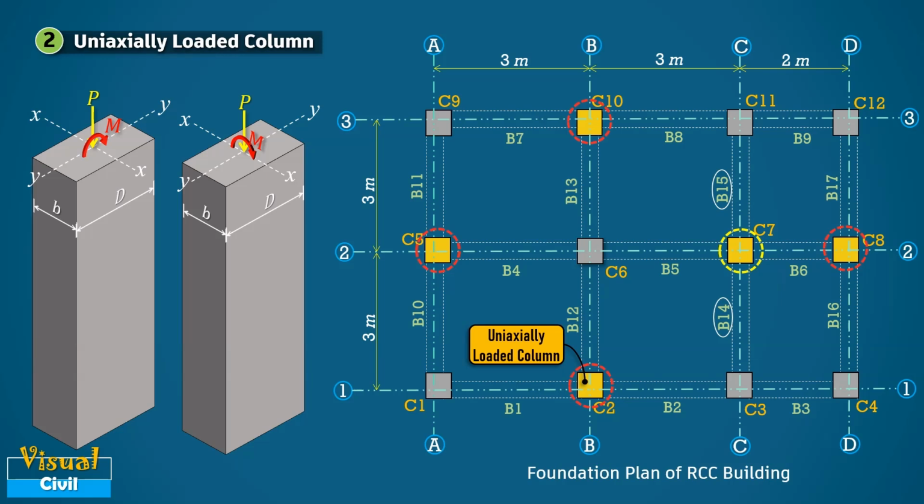But the spans of the other two beams B5 and B6 are significantly different. If they generate significant eccentric loading along grid line 22, then column C7 can also be termed as uniaxially loaded column. Now let us move to the third type, biaxially loaded columns.